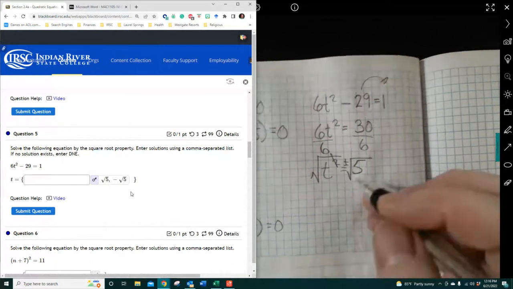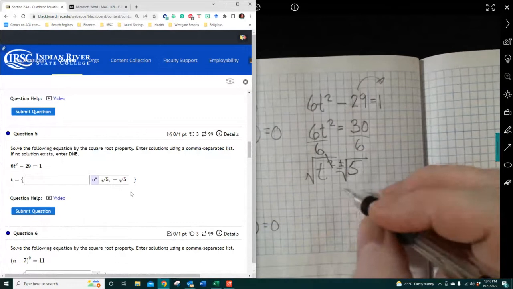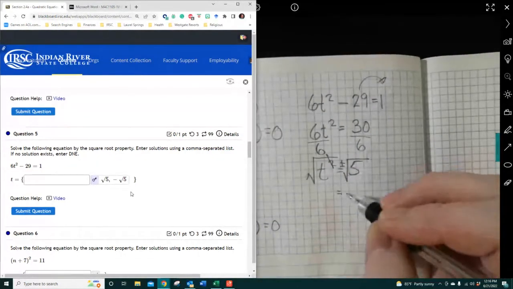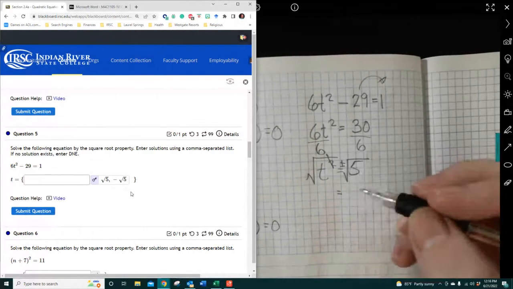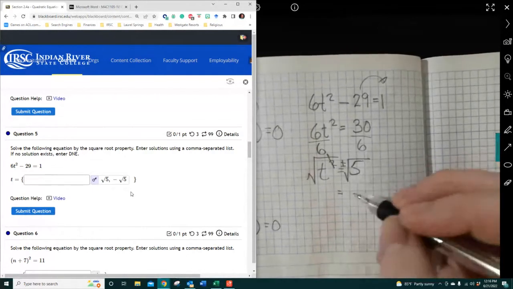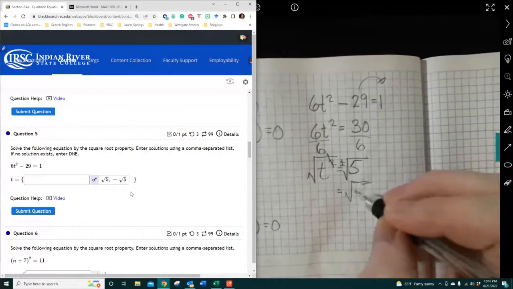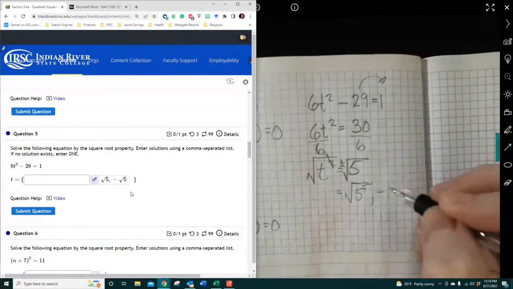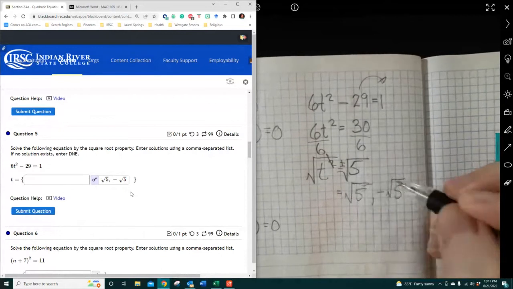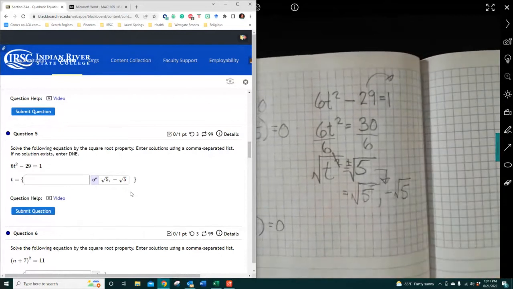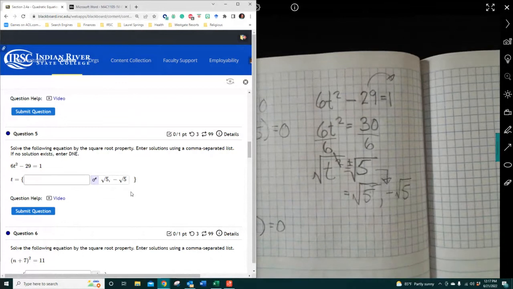Now, obviously, you should know, and if you don't, I'm here to tell you that when you write this, the system does not allow you to write a plus or minus sign. It would be a lot easier if they did. But you should understand that that is negative and positive square root of 5. So I'll be pointing out that this is what you would expect to put into the system.